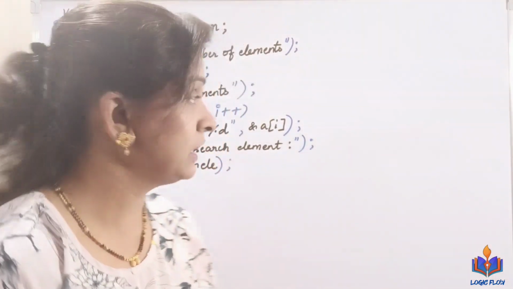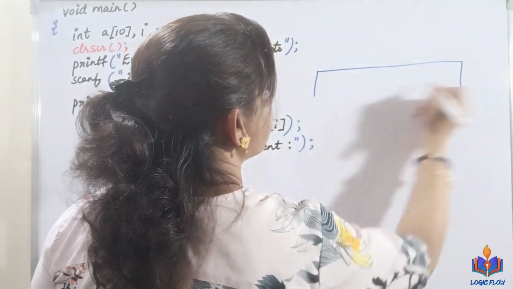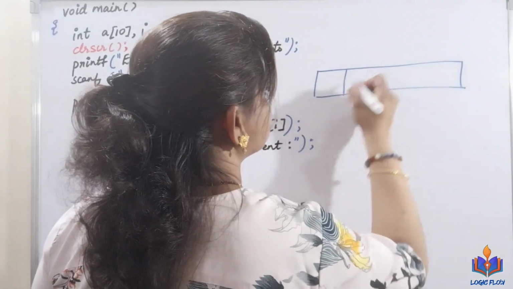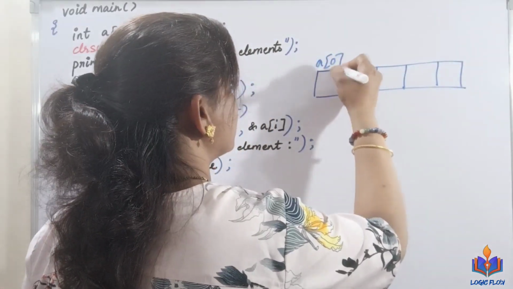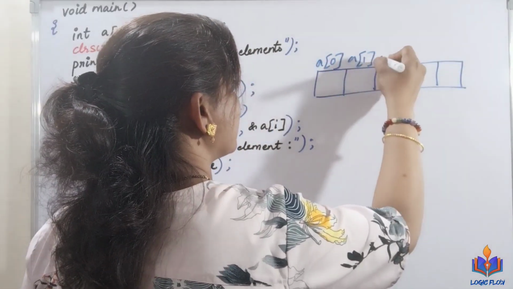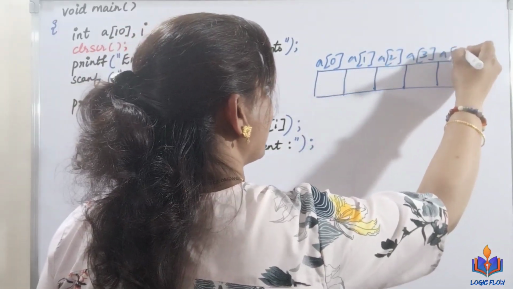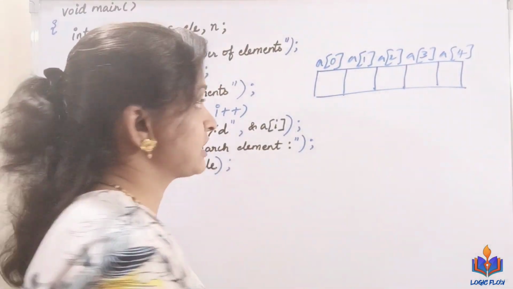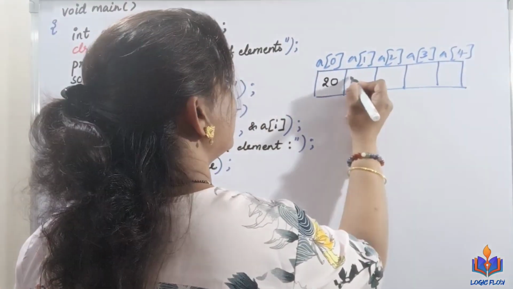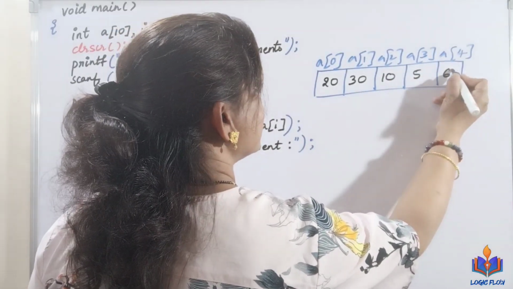So for example, we have an array of 5 elements. So it is A of 0, A of 1, A of 2, A of 3 and A of 4. We have some elements in this array, so let us say we have the elements 20, 30, 10, 5 and 67.